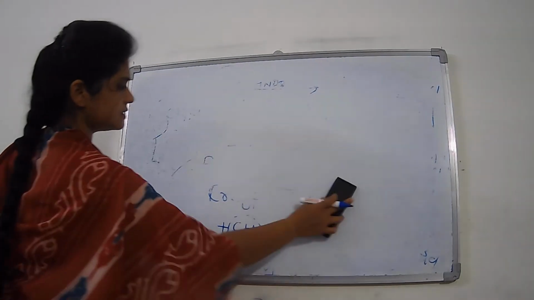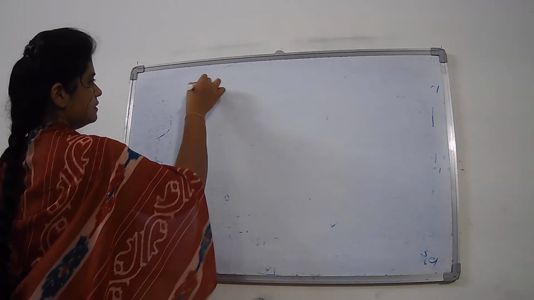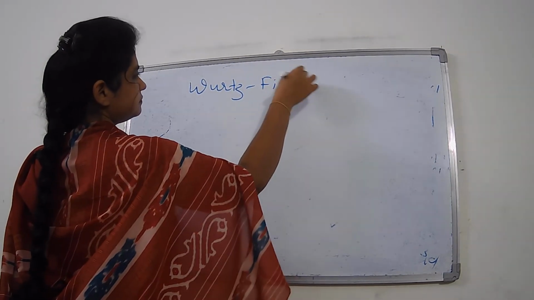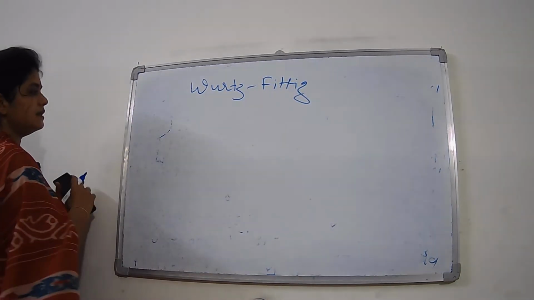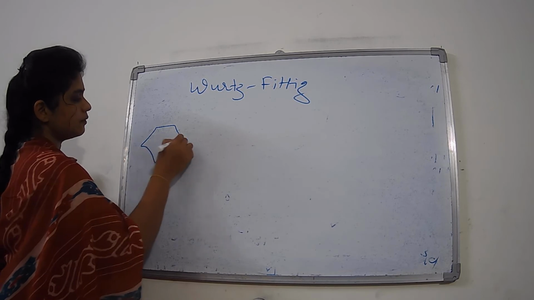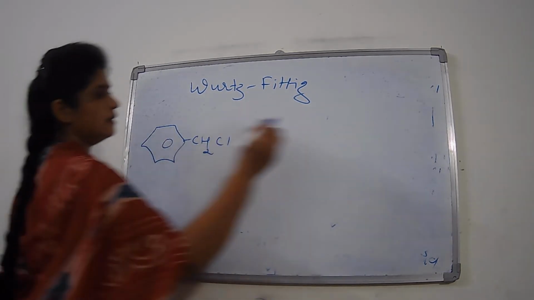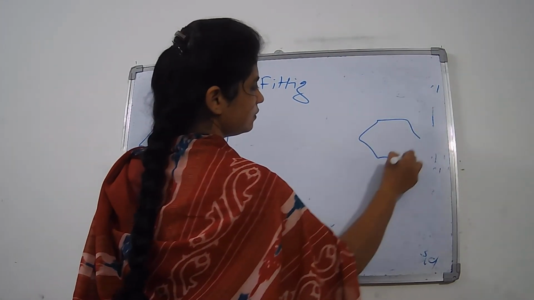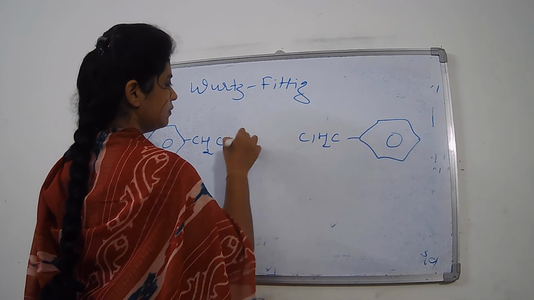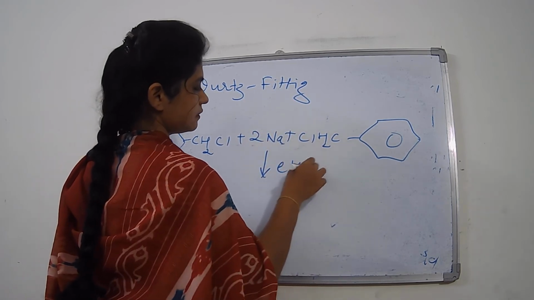Some other reactions are also there. The next reaction is called the Wurtz-Fittig reaction. What happens in this reaction? We take two molecules of benzyl chloride. This is the first molecule, and now we write the second molecule. The second molecule reacts with sodium metal in the presence of ether.